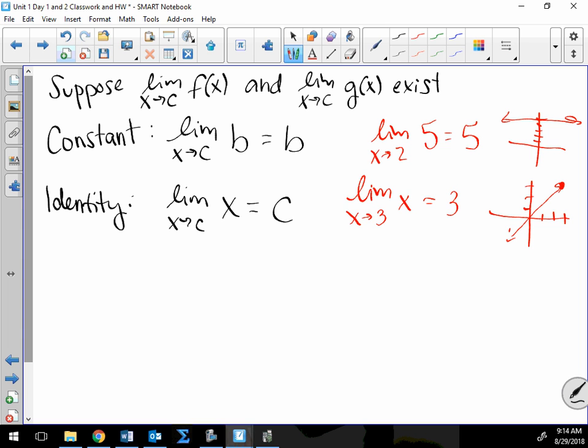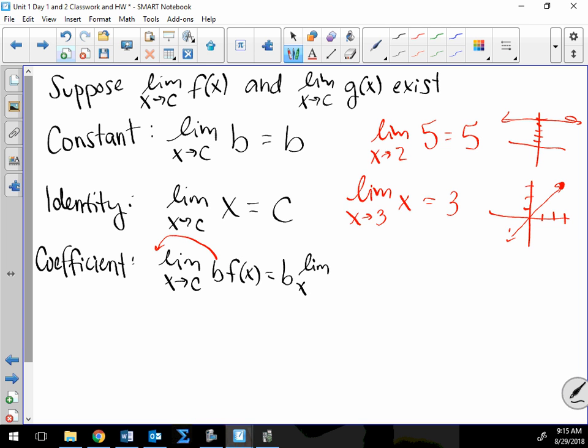Springtime. Alright, next up we have our coefficient. The limit as x approaches c of b times f of x. So basically this is a coefficient in front of our function. We can take that coefficient and just bring it out in front of our limit. So it's b times the limit as x approaches c of f of x. Again, if the coefficient is in front of our entire function, then we can pull that out.